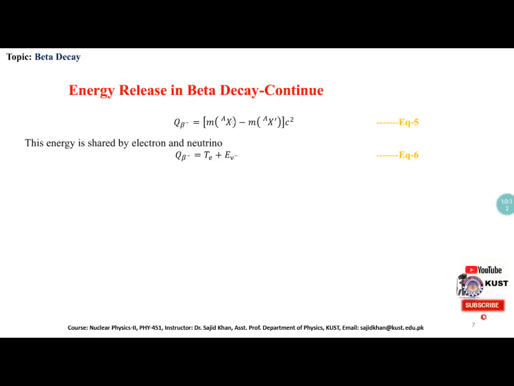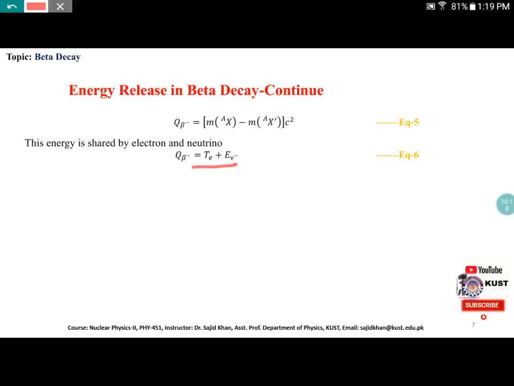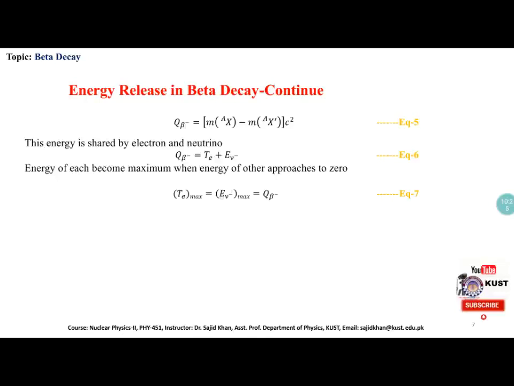Now this released energy is shared between the electron and neutrino. If the maximum energy is carried by the electron, then the neutrino will come out with almost zero energy, or if the neutrino is coming out with the maximum energy, then the electron will be coming with almost zero energy.